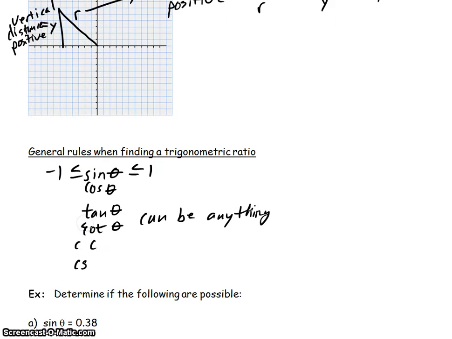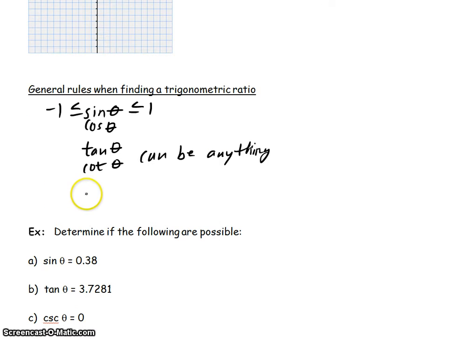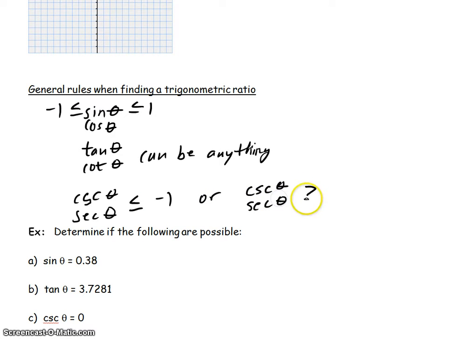Cosecant, whoops, excuse me. Cosecant and secant have to be smaller than -1 or have to be greater than 1.